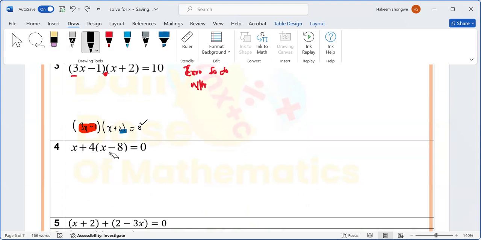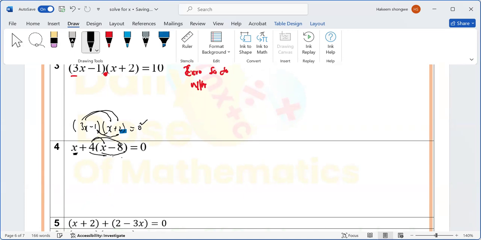But look at this one here. This one is inside the bracket, this one is outside the bracket, meaning this thing here is going to be this one multiplied by this one multiplied by this one. X here cannot multiply this bracket because it's not related to a bracket.